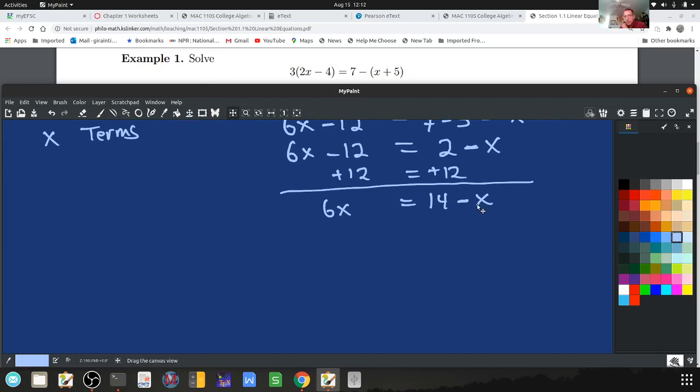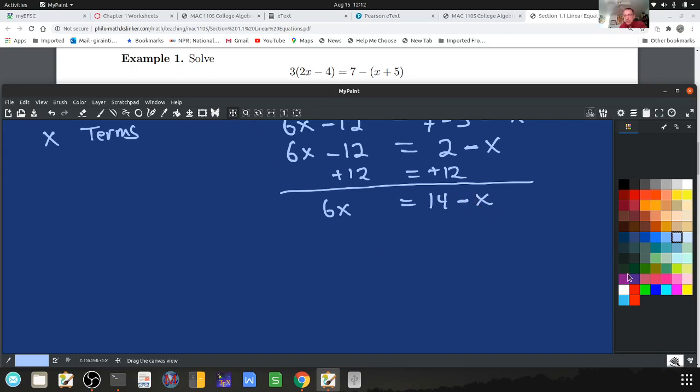So I'm getting closer to my final goal. Now I want to move the minus x over here. I'm just doing this a different way. Some of you have already done this in your head and you're ready. If that's you, you can skip this entire video or just go to the sections that you want to review. So the next thing I want to do is get rid of this x over here.